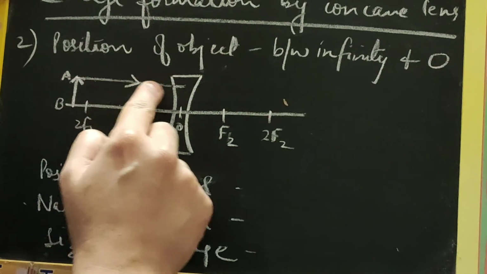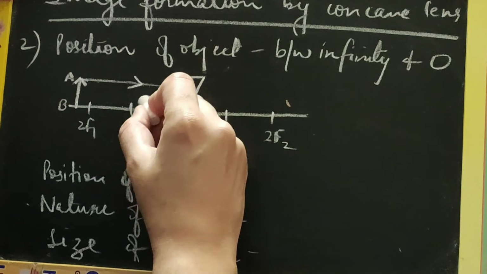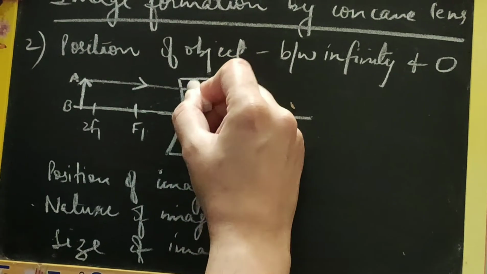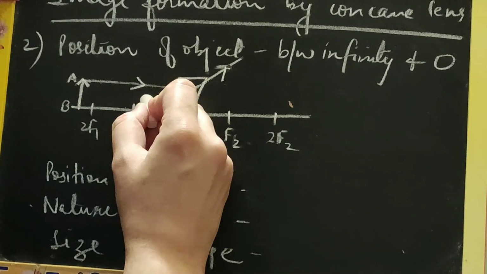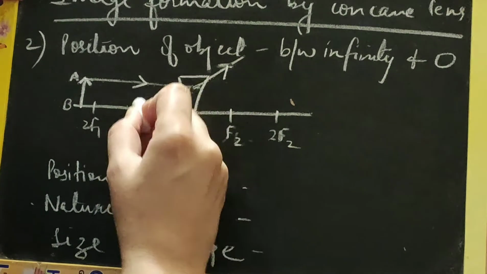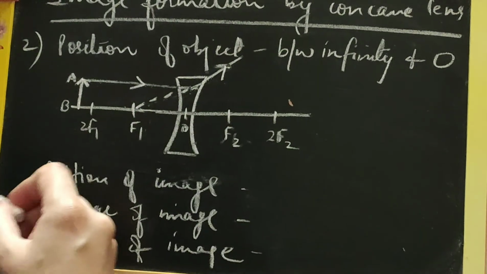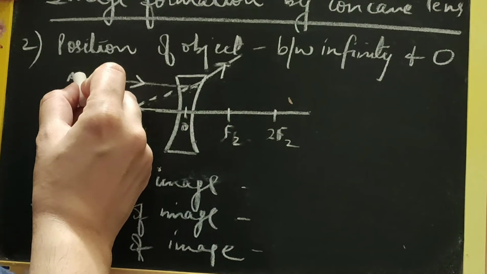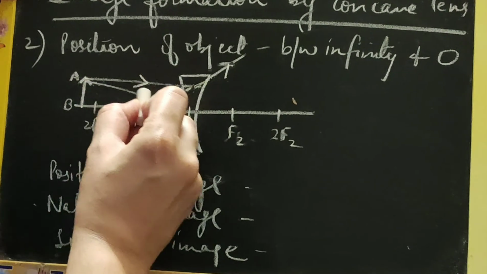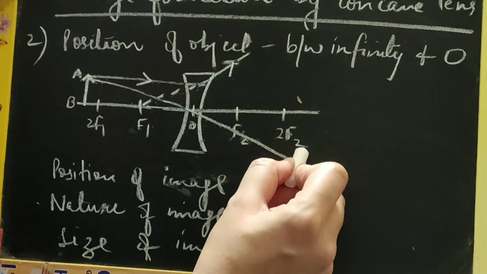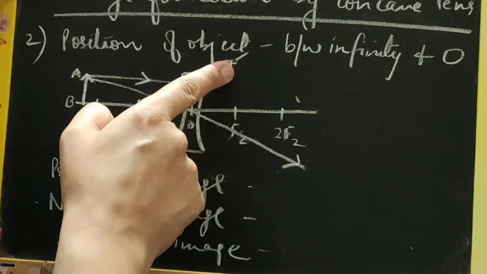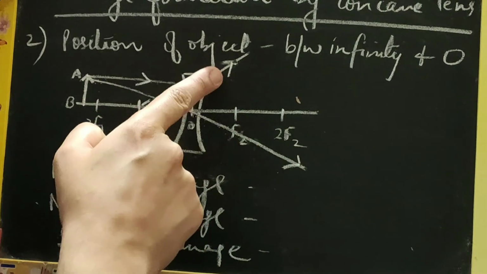A light ray which is coming parallel will be diverged such that it appears to come from the focus on the same side. So this is where it seems to come from. And the other light ray which passes through the optical center will go undeviated. So these are the two diverging light rays coming out of the lens.